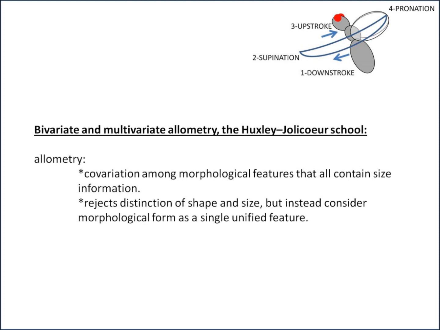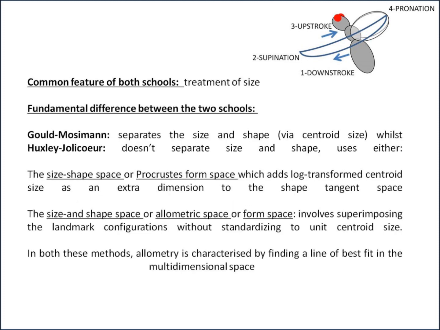So, a quick brief look at the common features between both schools. Both look at size. In both, allometry is variation in various traits that is explained by or associated with variation in size. The fundamental difference between the schools: Gould Mosimann separates size and shape, whilst Huxley Jolicoeur does not.